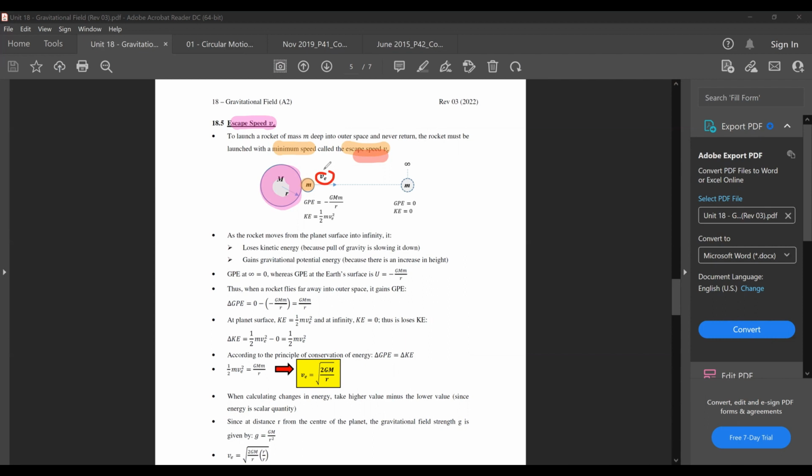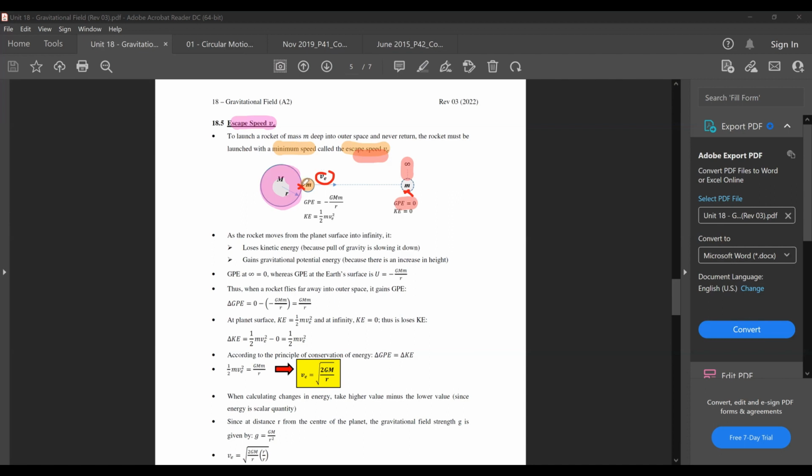Okay, so when you want to derive the escape speed, there's actually just a simple conservation of energy principle that you need to apply. You consider two different spots. Let's just say a spot on the surface of the planet that you're launching it from, and at infinity, which is the place that you've already escaped to and not returned. Now, it was mentioned to you before that at infinity, your GPE value would be 0.